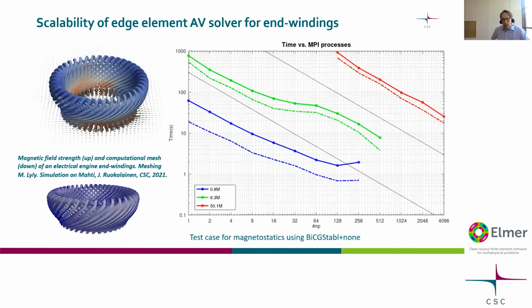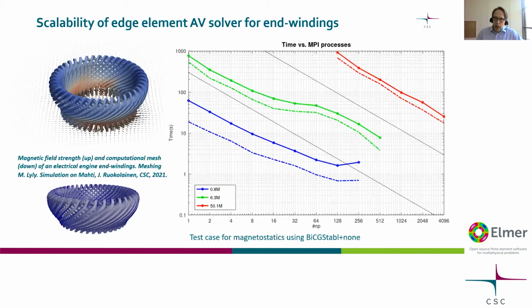Here is another example. Here we use PCG and no preconditioning. The reason why we don't use preconditioning here is because this is an AV solver example where we use H-curl conforming elements, and we don't use a gauge condition, which means that the solution is not unique. Actually, it's made unique by the Krylov process itself, but there is no inverse for it. So we cannot use incomplete LU, for instance, which we typically use.